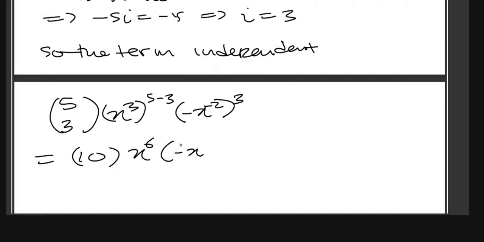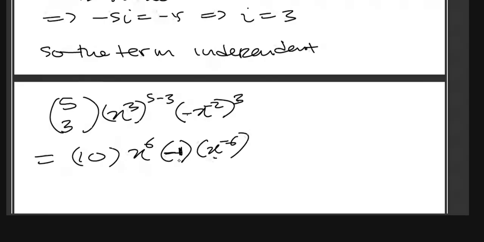So we're going to have negative 1 here, in brackets, then x to the power negative 6, because we are raising this to the power negative 3.